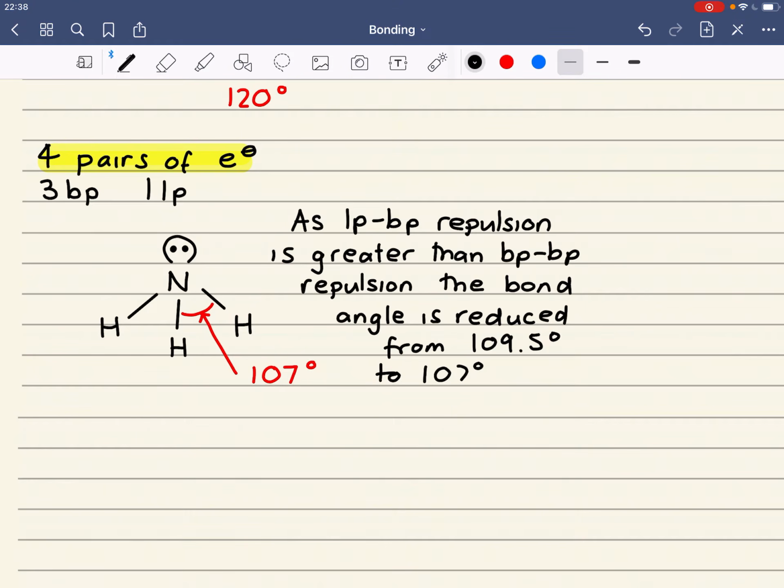So what we're saying is that if this was a bonding pair, this bond angle would be 109.5. But because of the inclusion of the lone pair, because the repulsion between this lone pair and this bonding pair is greater than the repulsion between these two, it forces these bonding pairs closer together and reduces the bond angle between the bonding pairs.